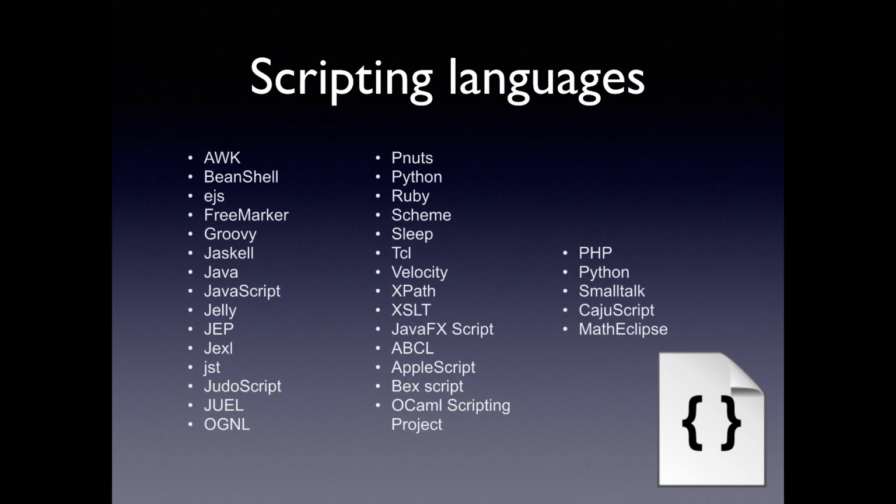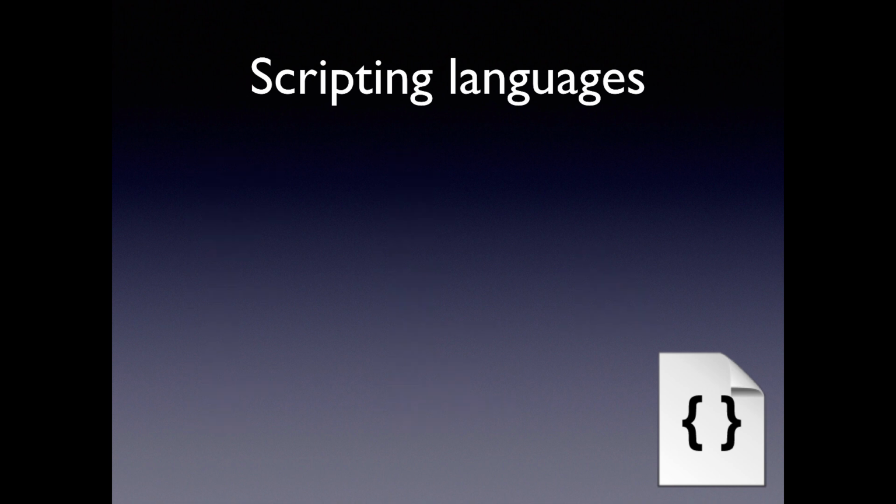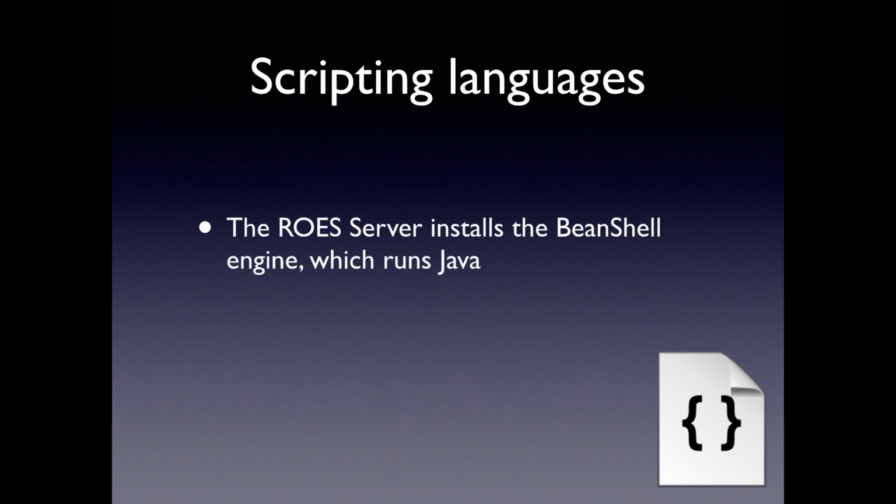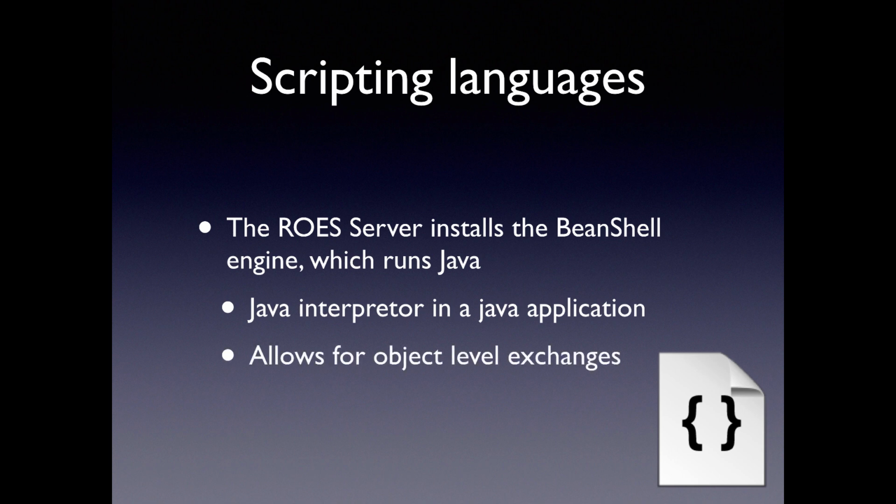Now, there are a lot of possible choices, but the server installs Bean Shell, so Bean Shell is always available when you're scripting in the server. Bean Shell is a Java interpreter, and since it is embedded inside of a Java application, it gives us a lot of power to do object-level exchanges, API calls, things of that nature.